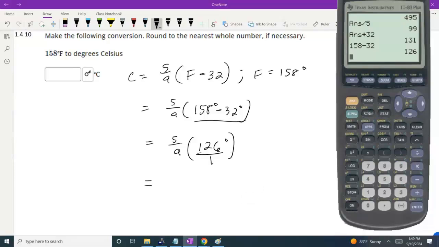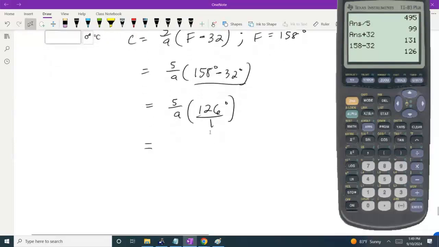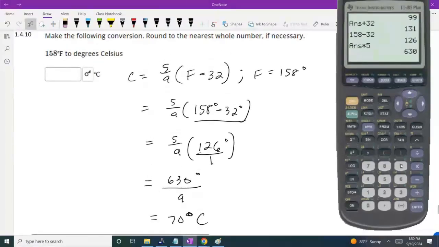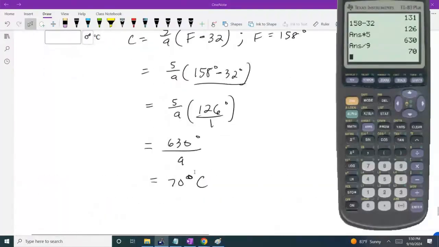Whenever you multiply fractions, you don't need a common denominator. You can multiply your numerators. So I'm going to multiply 5 times 126, and that should give us 630. And my denominator, 9 times 1 is 9. And when we simplify, we should have 70 degrees Celsius. So 630 divided by 9 is 70 degrees Celsius.